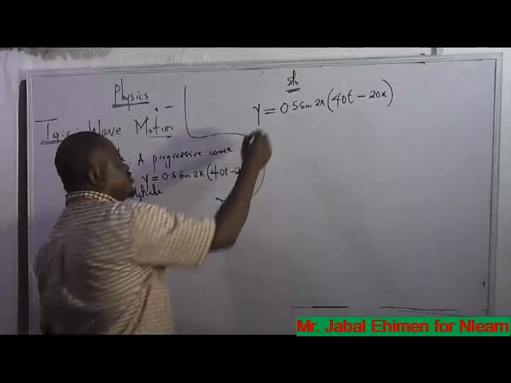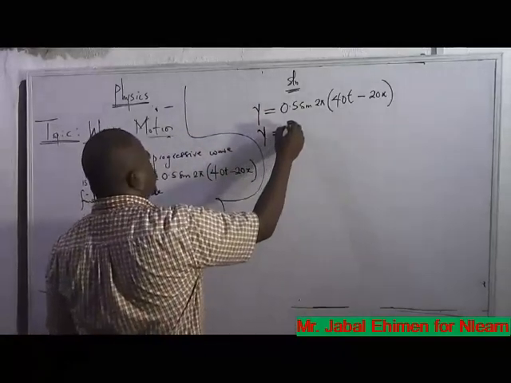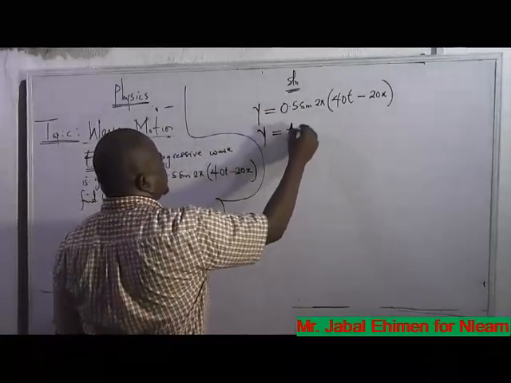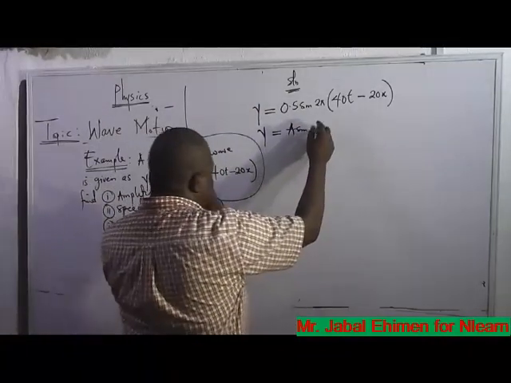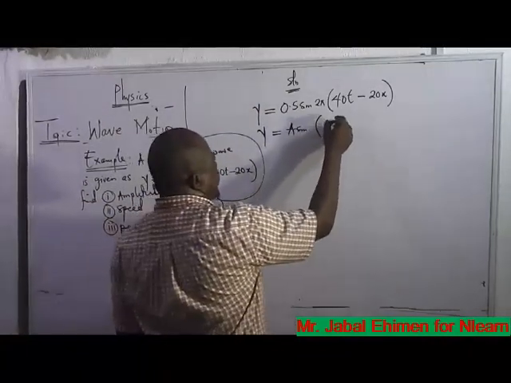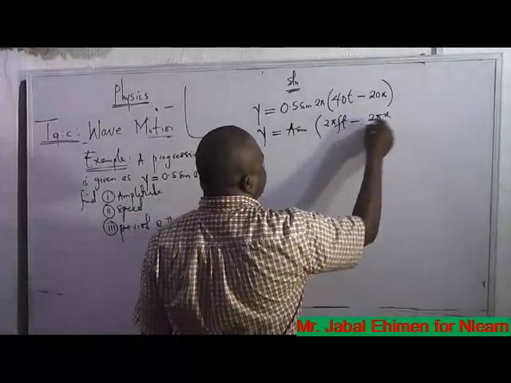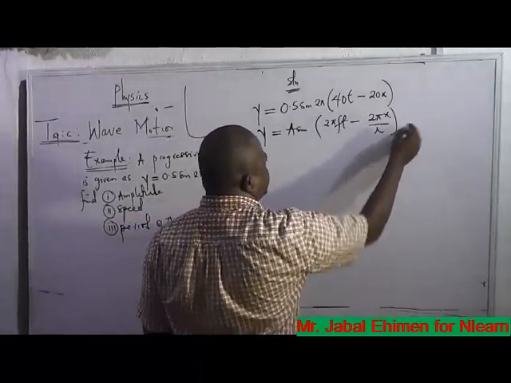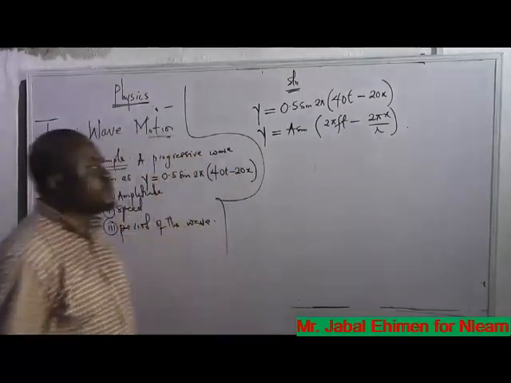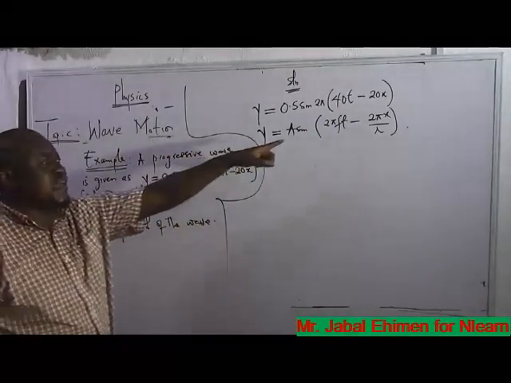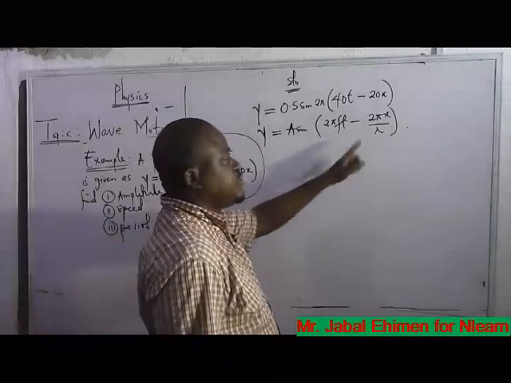And what is that equation? Let's try this. y is equal to a sine 2 pi ft minus 2 pi x over lambda. We have something like this. Very key and very important. You can get anything from here. Anything you want to get, you can get it from this extraction.